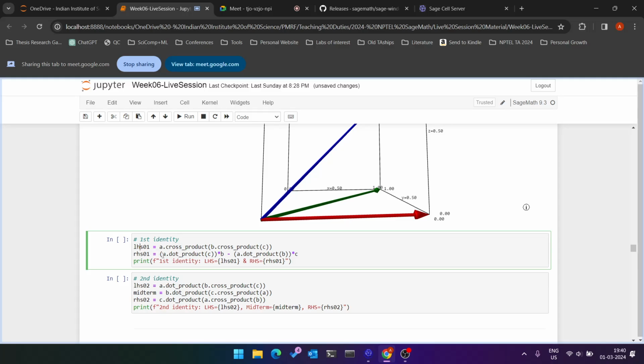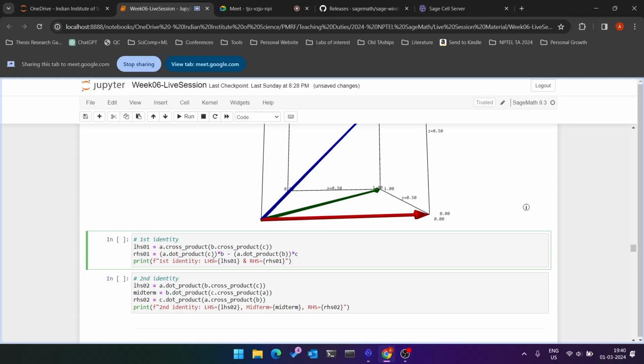My RHS is A dot product C into vector B. So this is a scalar, and we are multiplying it with the vector B. So each component of the vector will get scaled.